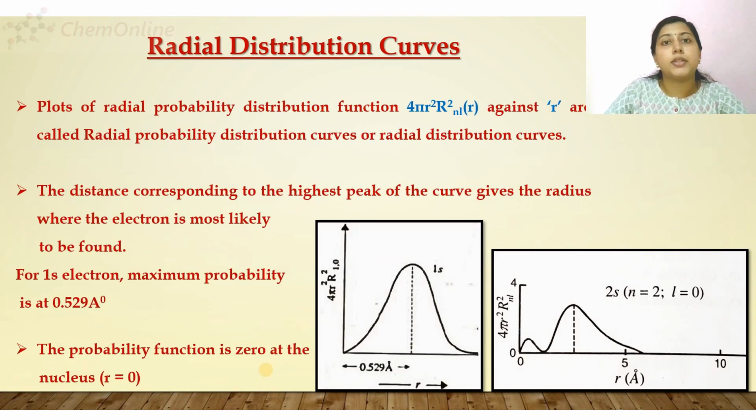It gives you the probability of finding an electron in a spherical shell at a distance r from the nucleus.